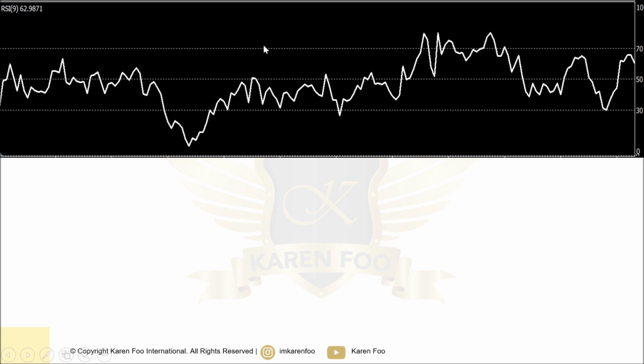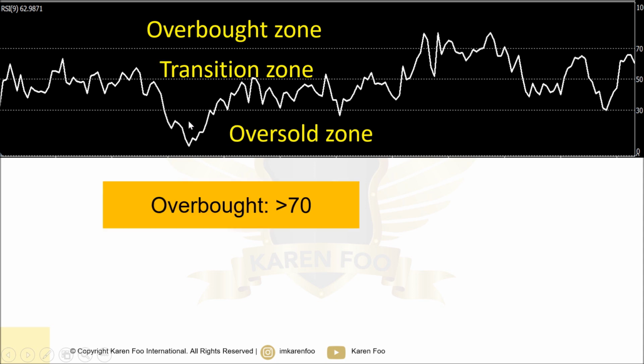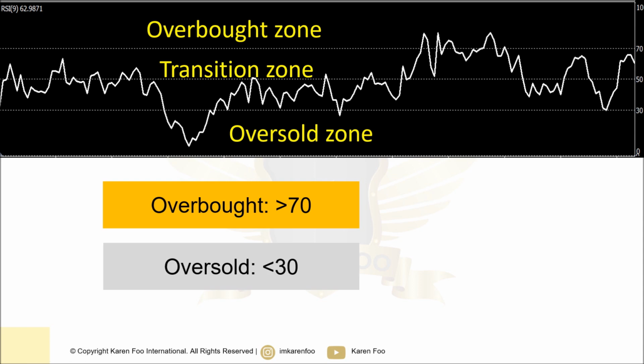The top part from 70 to 100 is the overbought zone, the middle from 30 to 70 is the transition zone, or I would say the neutral zone, and the bottom is the oversold zone. When price moves up too fast, it will go into the overbought zone. When price moves down too fast, it will go into the oversold zone. So overbought is more than 70, oversold is less than 30.